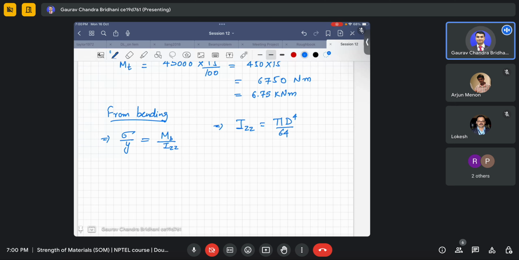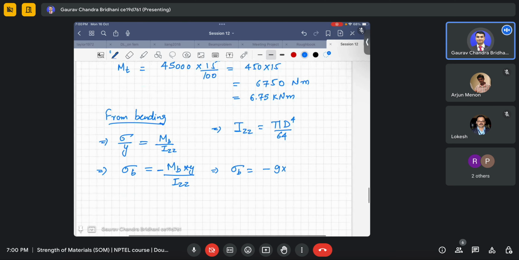So sigma b, I will write it to show it as bending, is Mb into y by Izz. However, because it's compression, I'll put a negative sign, because it's a compressive stress. So sigma b comes out to be minus 9 into 10 to the power 6, which I will directly convert into Newton mm, and y is d by 2, and Izz is pi d^4 by 64.